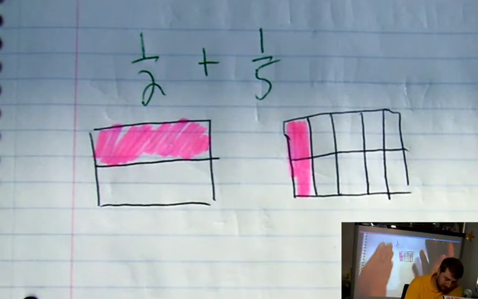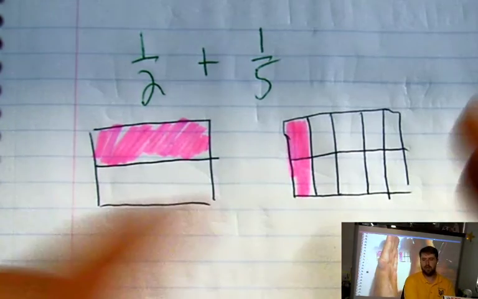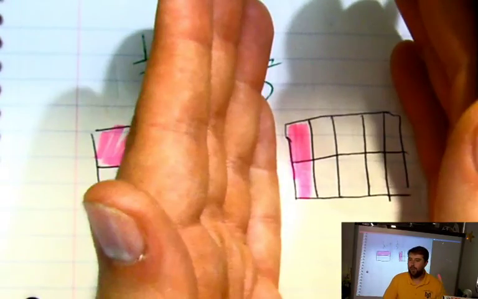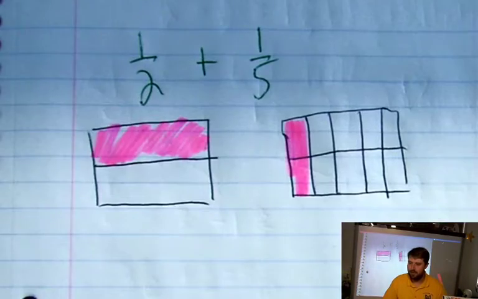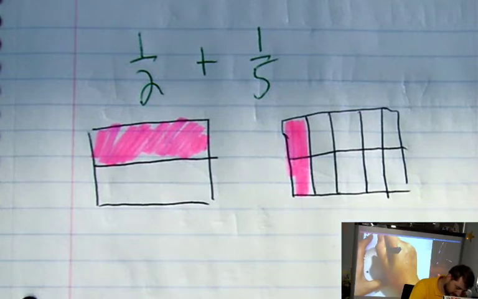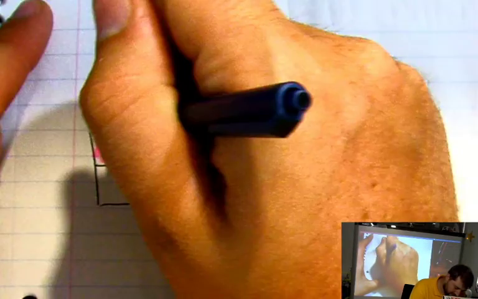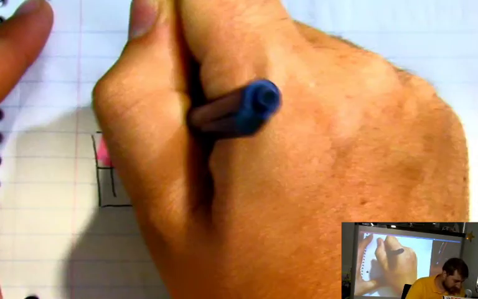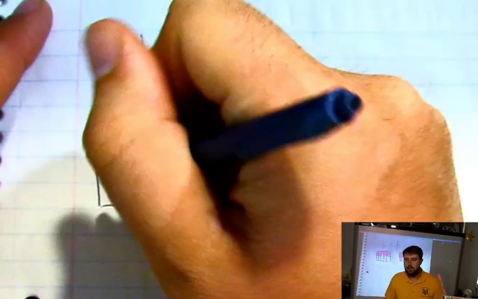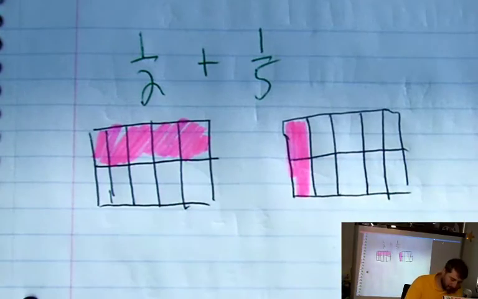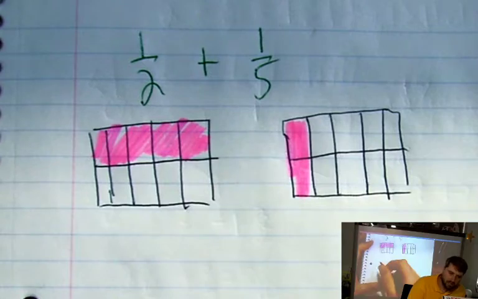And then I'm going to transpose my lines from our 1/5 model to our 1/2 model. You see us moving them over there, which means we would need to separate this, partition this, is the fancy math word for separate, into 5 parts. So now that we've done that, we can count up our total shaded parts, and our total shaded parts are 5.